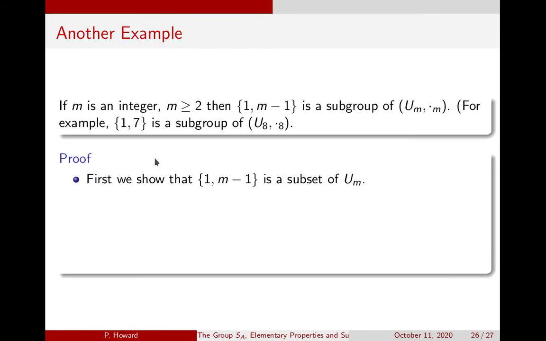Okay, so it's not completely obvious that the set 1 comma m minus 1 is a subset of U sub m. We know 1 is an element of U sub m, but we probably should argue that m minus 1 will always be in U sub m.